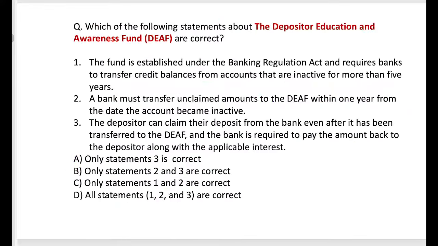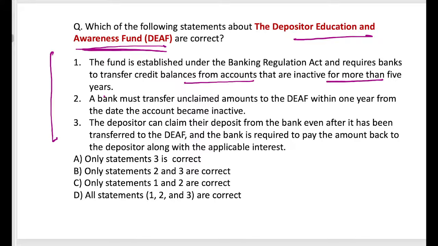Next one, guys. The Depositor Education and Awareness Fund statements are true. So first statement is wrong.